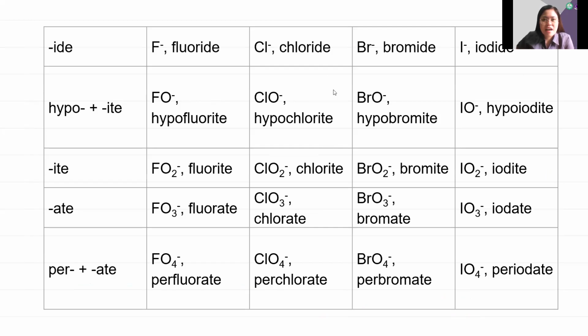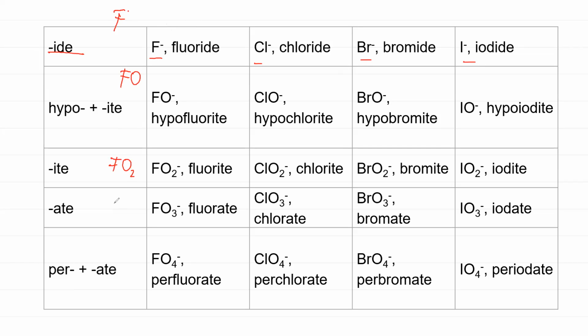So ito siya class ang other examples of the oxoacids here. Wait lang ha, I need to write sa screen. These are other examples. So itong IDE, alam na natin to, pag single element lang siya, mag-end talaga yan siya sa IDE. But for this example, fluorine tayo, FO. This is FO2. This is FO3. And this is FO4.